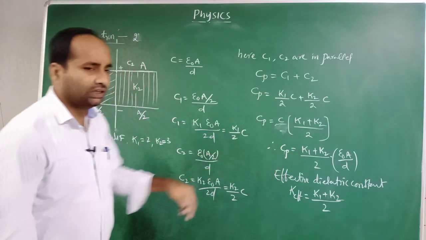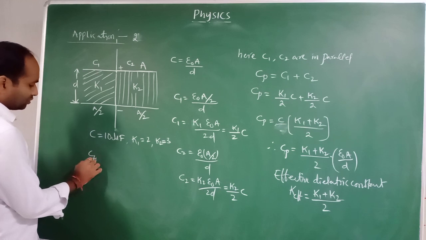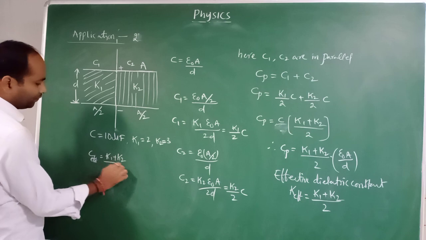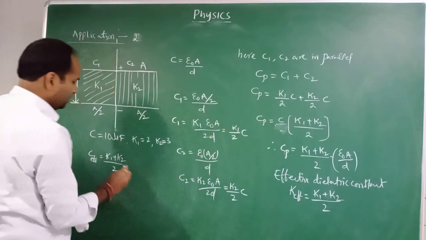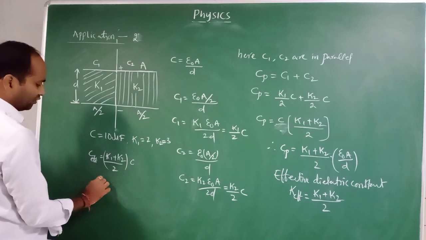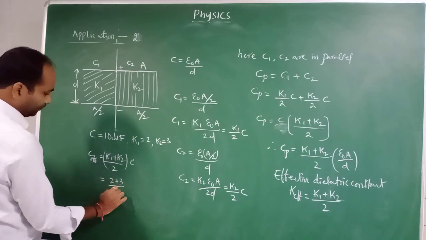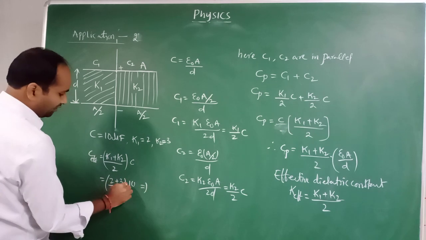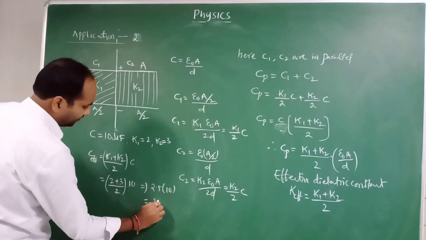What is the formula here? C effective is equal to K1 plus K2 by 2 into C, where C is with air as medium. Here K1 plus K2 is 2 plus 3, by 2, into C which is 10. That implies 5 by 2, 2.5 into 10, that is 25 microfarad.